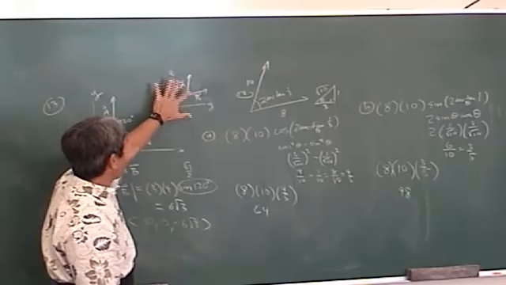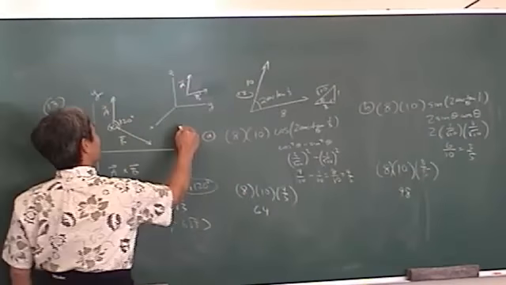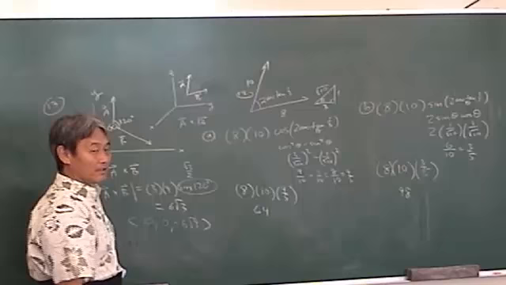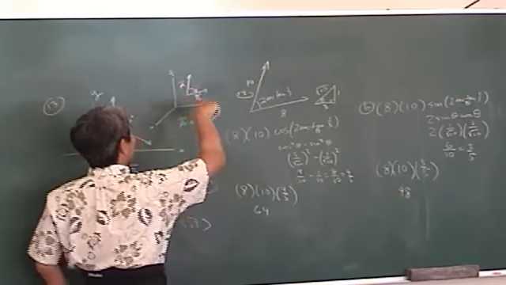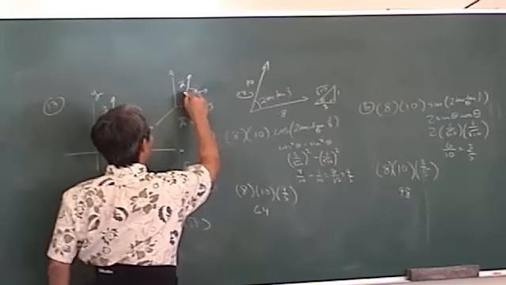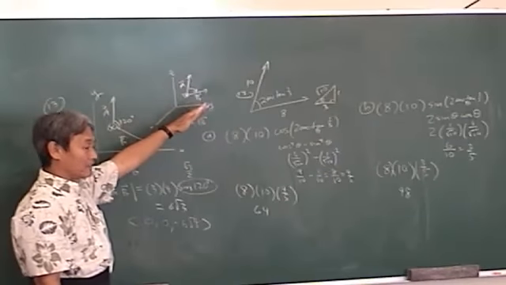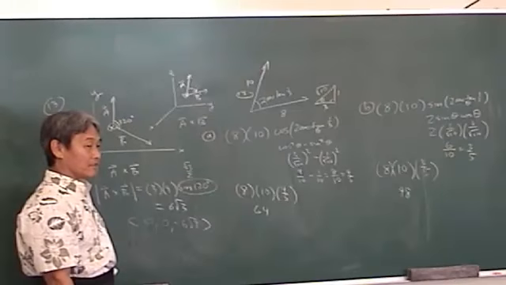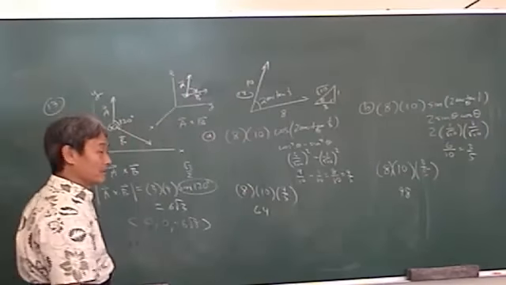These two vectors lie in the YZ plane on this wall right here. Let's just practice. What is the direction of A cross B? The shortest way to get from A to B is clockwise again, right? So you take out your screwdriver, turn it, it's going to go that way. What direction is that? That's the negative x direction, because the positive x-axis is coming this way, so negative x is the opposite way.